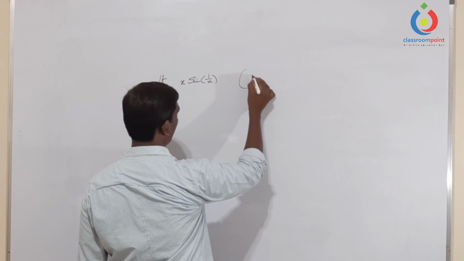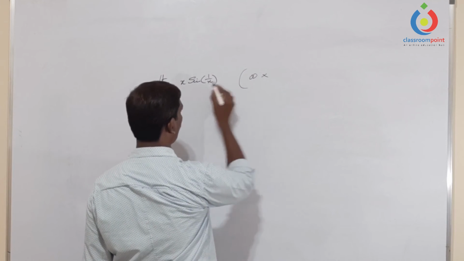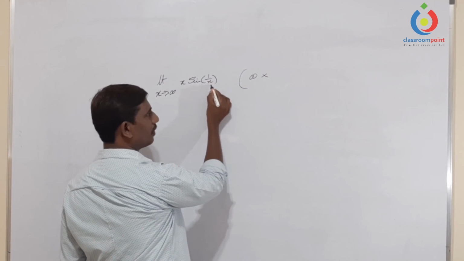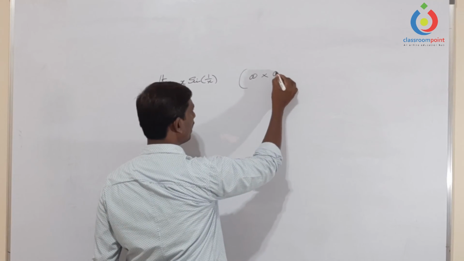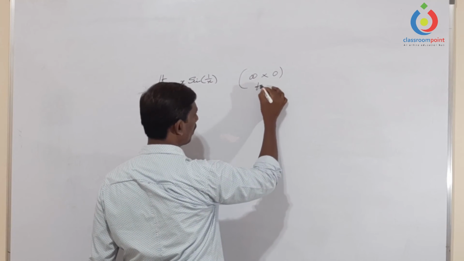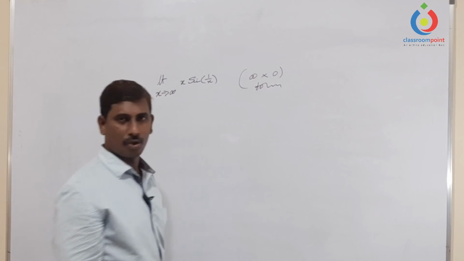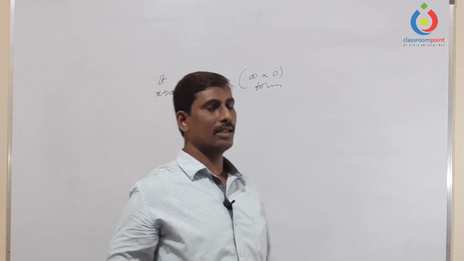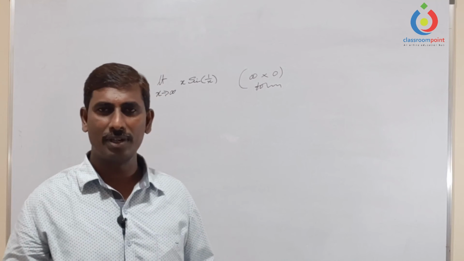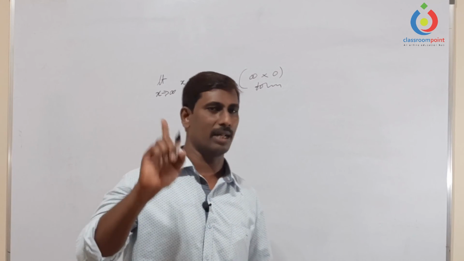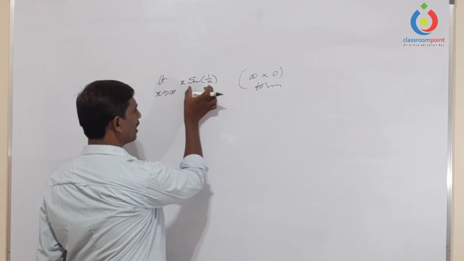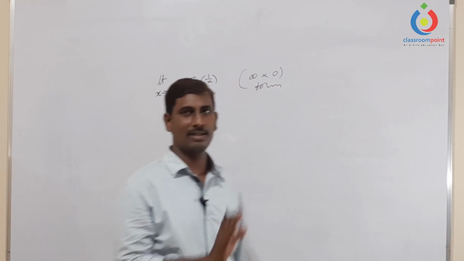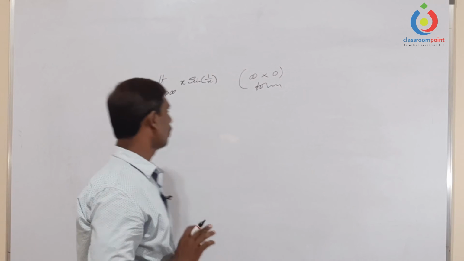Then we get infinity into sine of 1 by infinity. 1 by infinity is 0, and sine 0 is 0, so it is the infinity into 0 form. When we get 0 into infinity or infinity into 0 form, we use one method: take any one value in the denominator. That is a must.